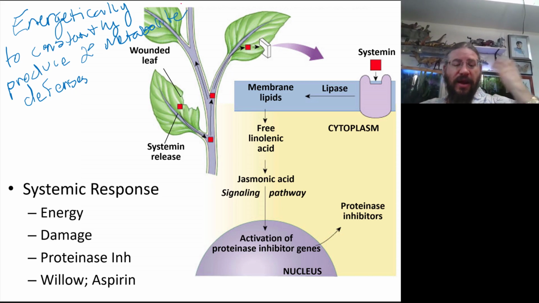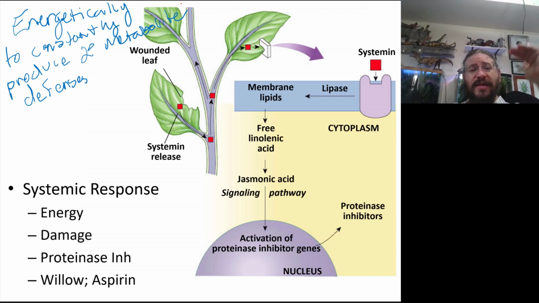Right? It costs a lot of energy to produce and store and keep up your supply of cardiac glycosides, cyanogenic glycosides, nicotine, caffeine, all of this stuff. It takes a lot of energy to have that on hand so that anytime an herbivore attacks, you have a defense.